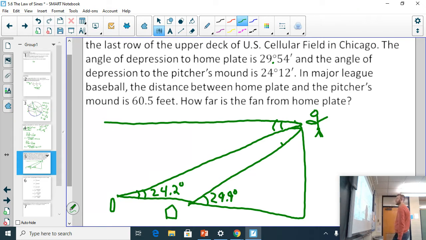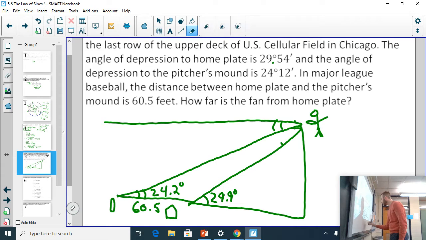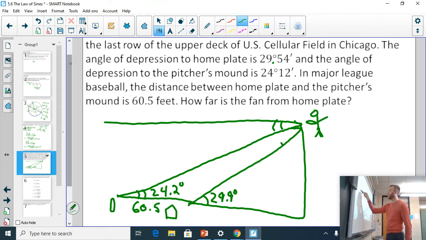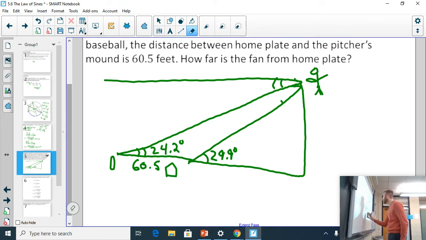In Major League Baseball, the distance between the home plate and the pitcher's mound is 60.5 feet. How far is the fan from home plate? So pitcher's mound and home plate is 60.5 right here. And I should honestly probably draw my home plate a little more out of the way.